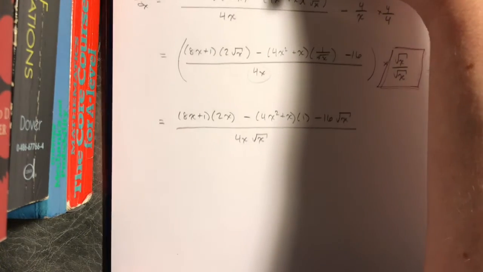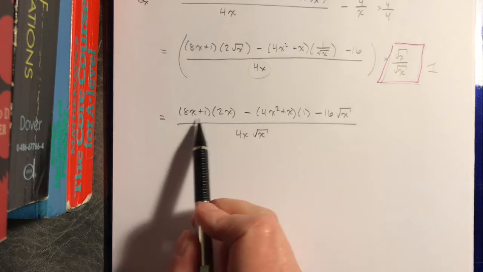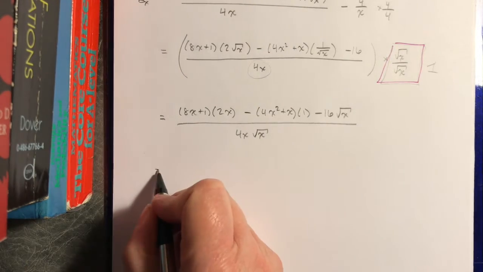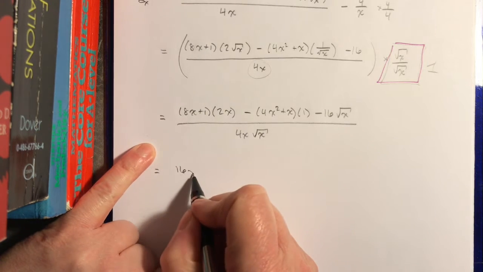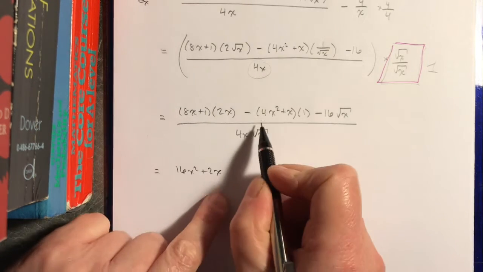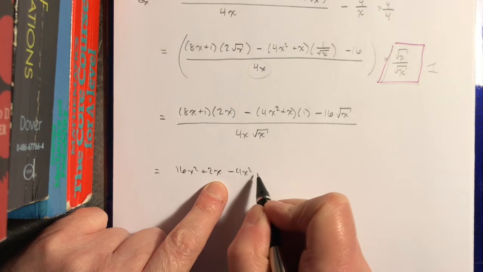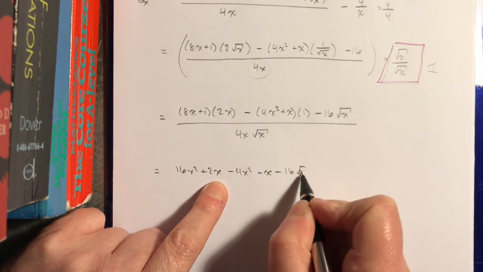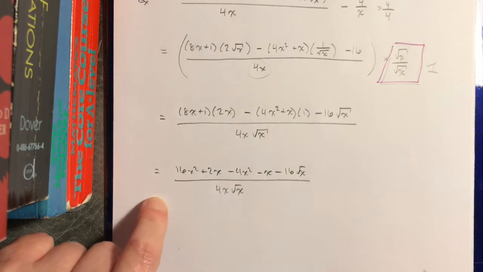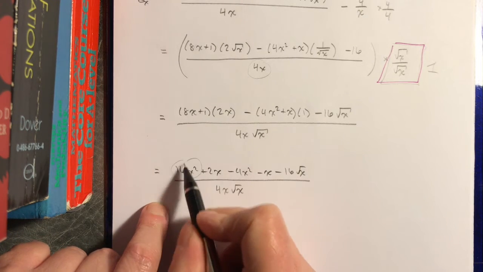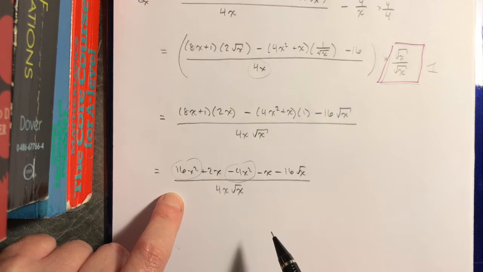So from here, I still need to do a little bit of work. I do need to multiply out the brackets now, but maybe you can smell where it's going to go. That's going to give me 16x squared plus 2x, subtract 4x squared, subtract x, minus 16 root x over my denominator. And there's an x squared term, there's another x squared term.